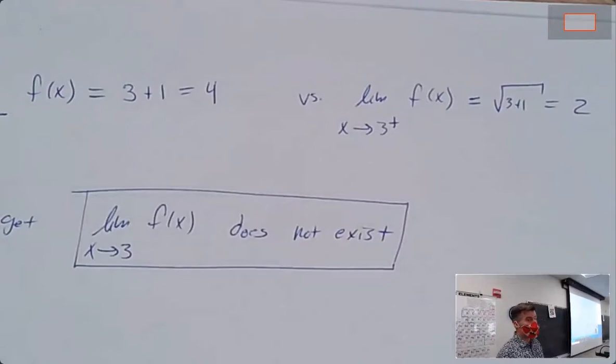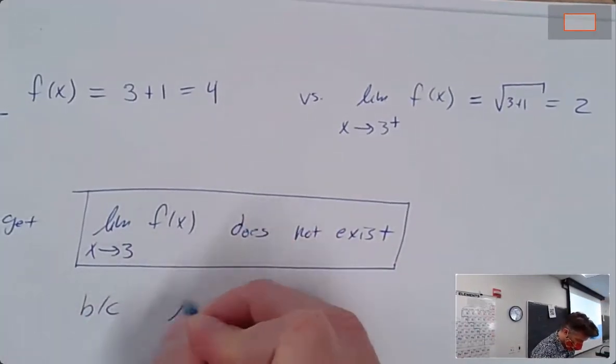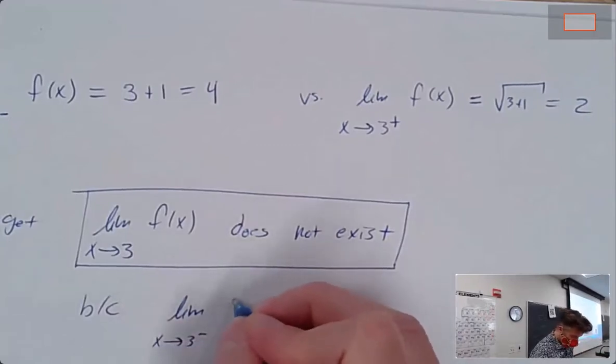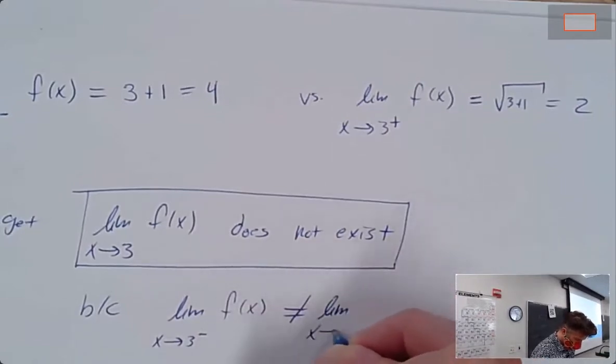There is no one value that the function is getting closer to as x comes at 3 from either side. There's a mismatch there, or what's called a jump discontinuity. And this is because the limit as x approaches 3 from the left is not the same as the limit as x approaches 3 from the right.